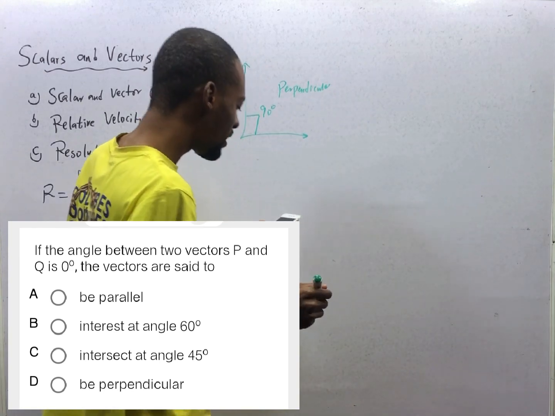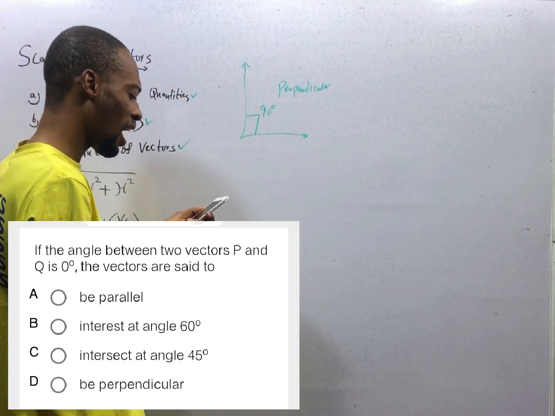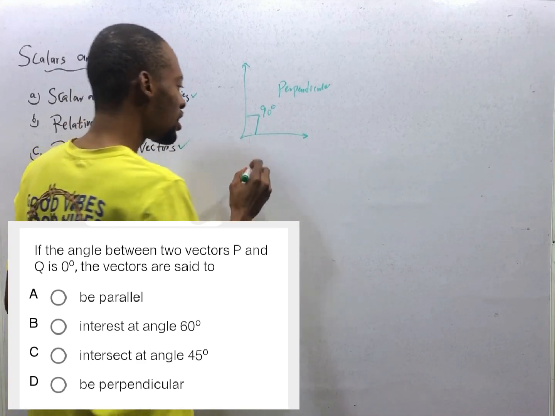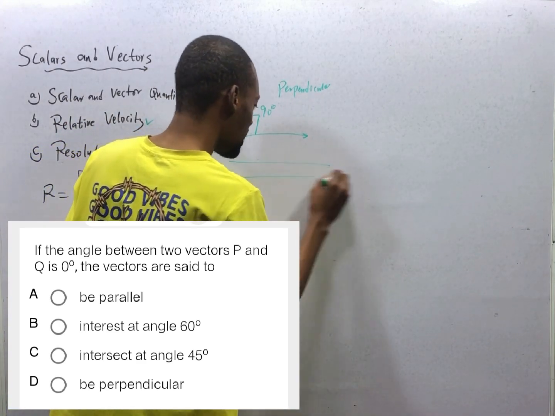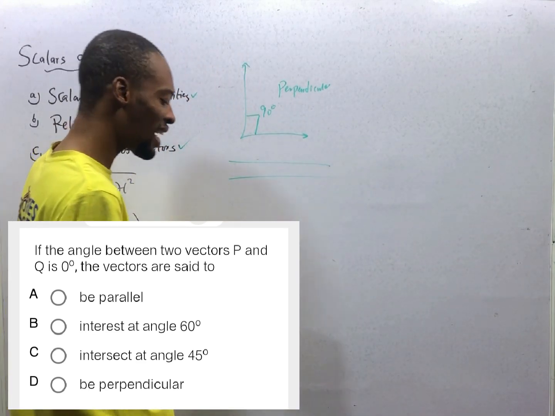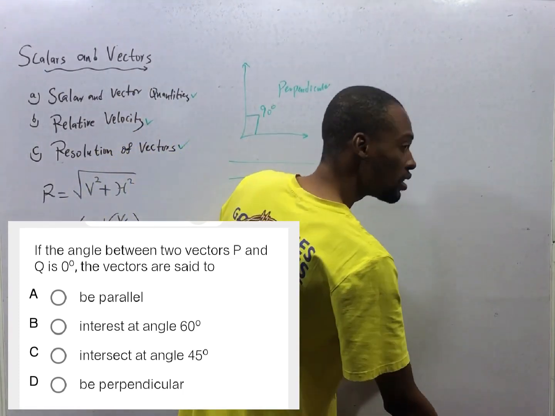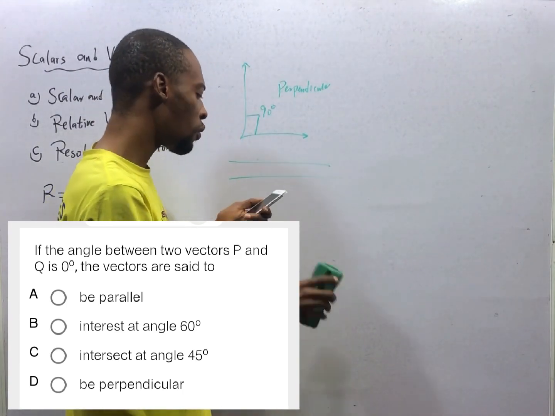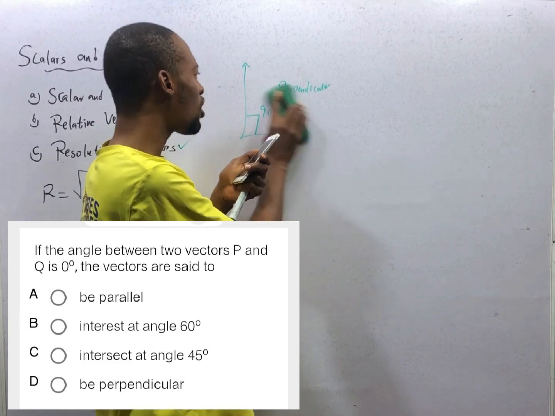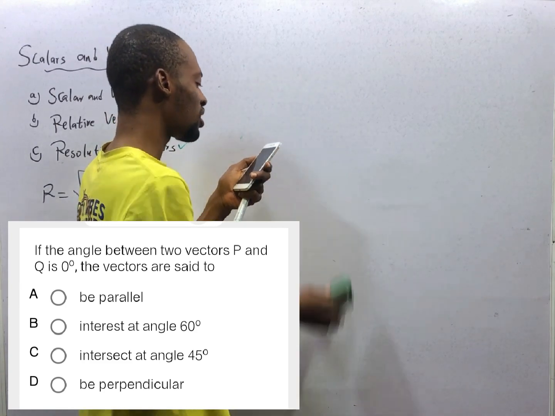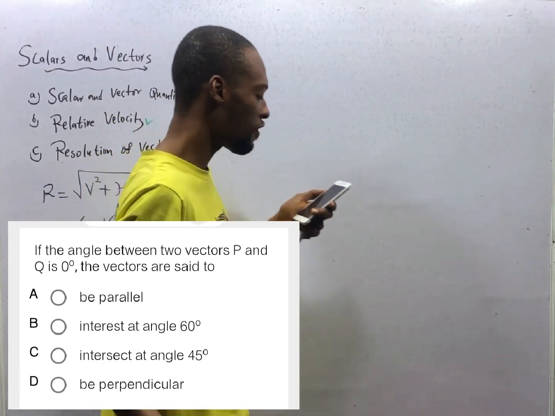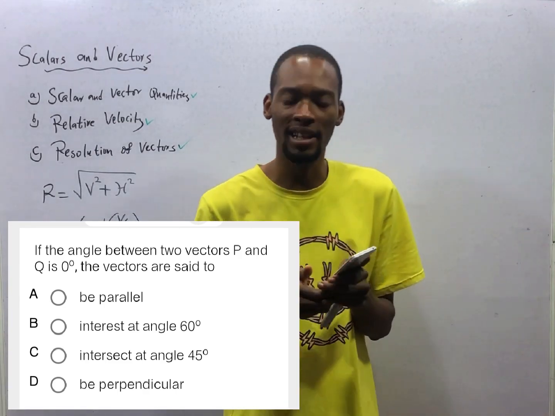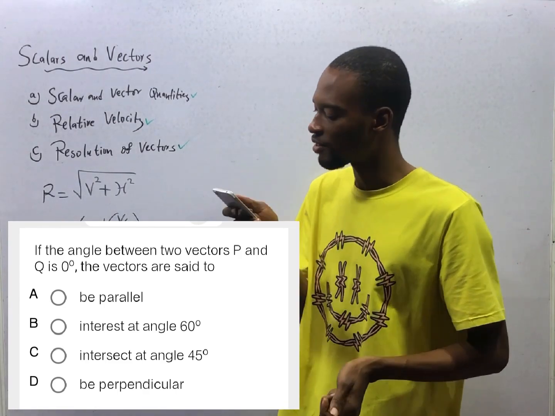A situation where the angle between the two vectors is 0 degrees means one is like this, one is like this. When you have parallel lines, the angle between them is 0 degrees. So if the angle between two vectors P and Q is 0 degrees, the vectors are said to be parallel. Option A is the correct option.